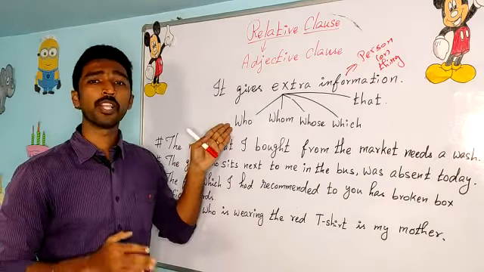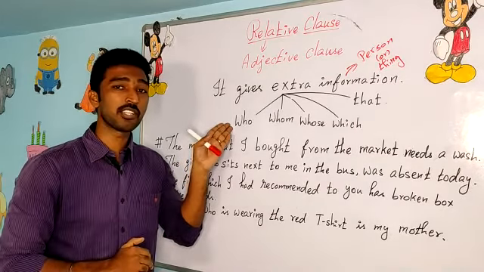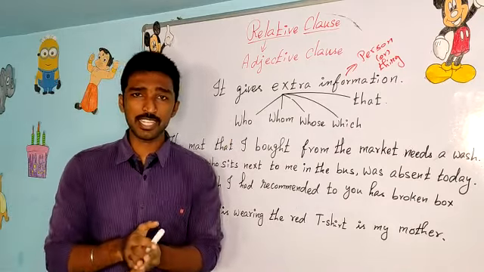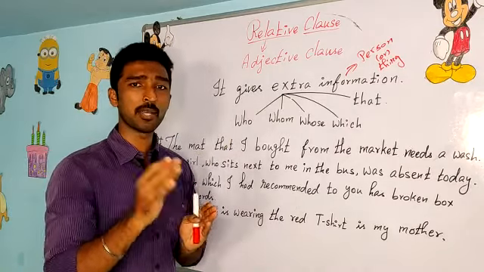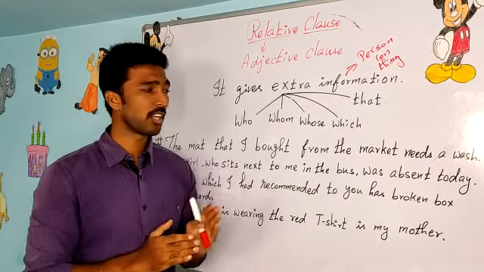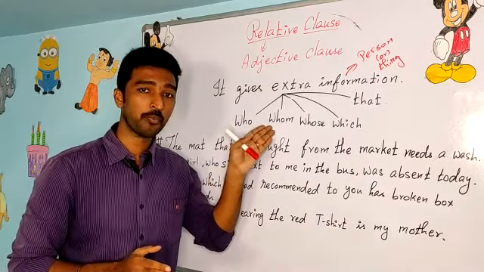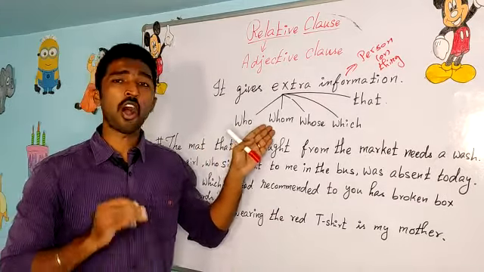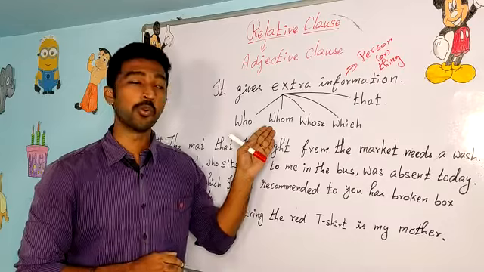Who. When the subject is a person, we use who. When in the sentence, the object, the receiver of action, is a person, there we use whom. For subject person, we use who. And for object person, we use whom.